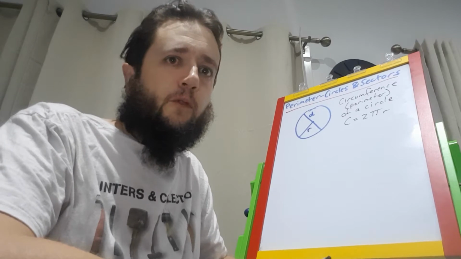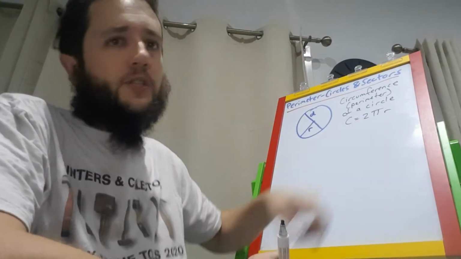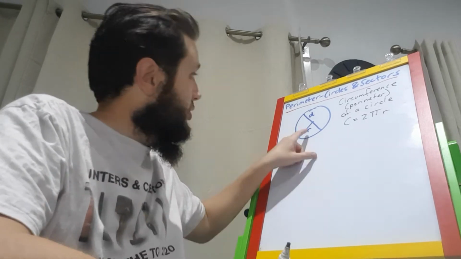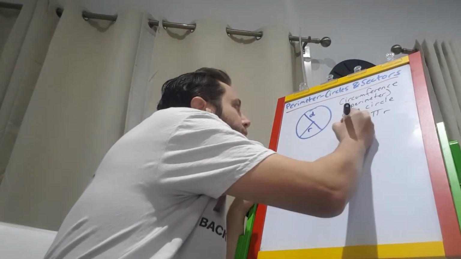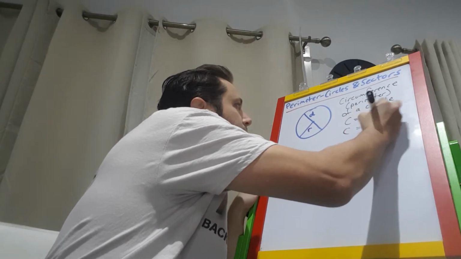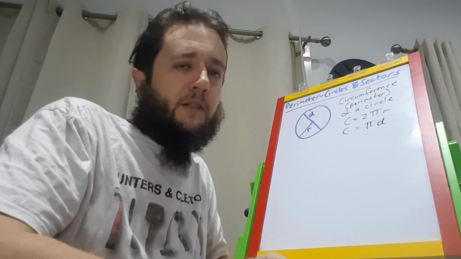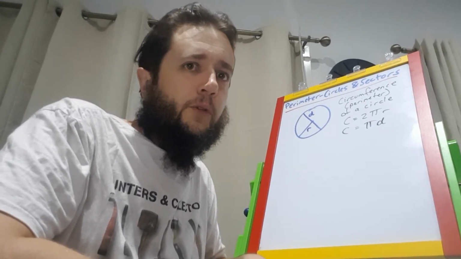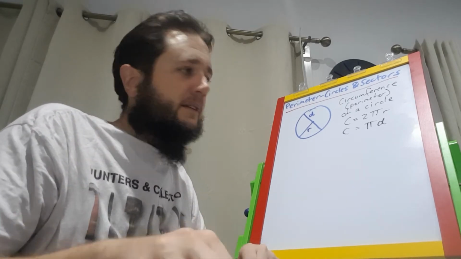That's the most common form that you'll see. There's another form that you can write, because what's 2 times r? 2 times r would give me d. So I could also write this as pi d. You know what, I don't mind which one you use as long as you adhere to the glorious rules of mathematics.